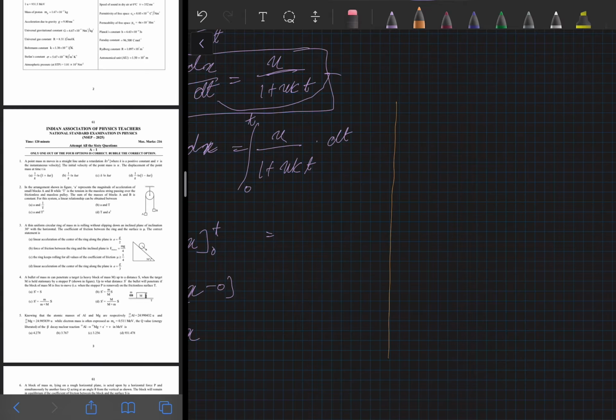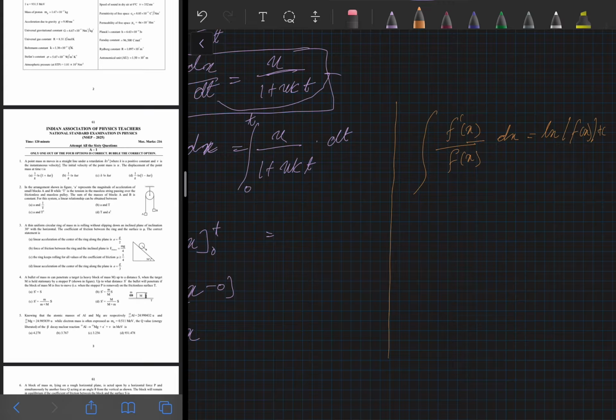There is a special case of integrals where if we have an integral in the format f dash x divided by f of x, then the integral equals natural log of f of x plus c. So does this follow?